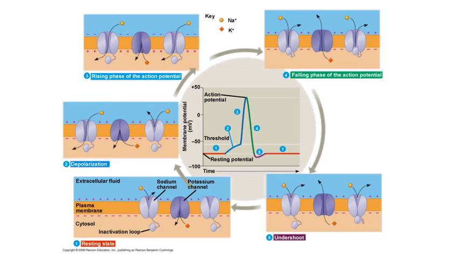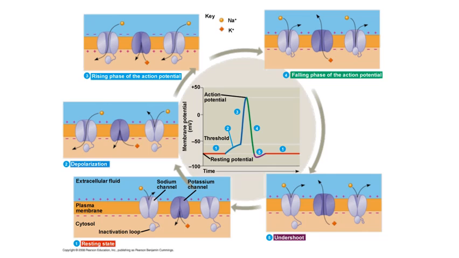Okay, this slide shows what the potassium and sodium channels are doing during the action potential. At resting state, this type of sodium channel is not allowing sodium in. This type of potassium channel is not allowing potassium out.